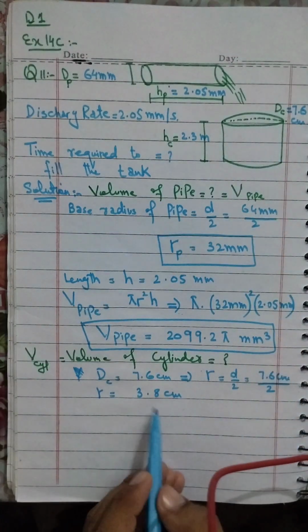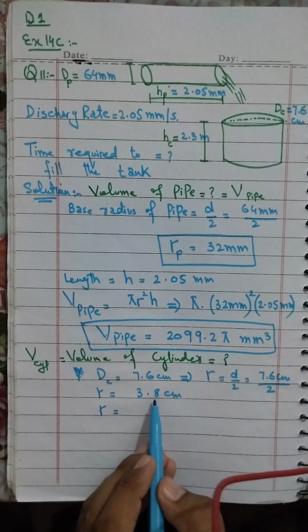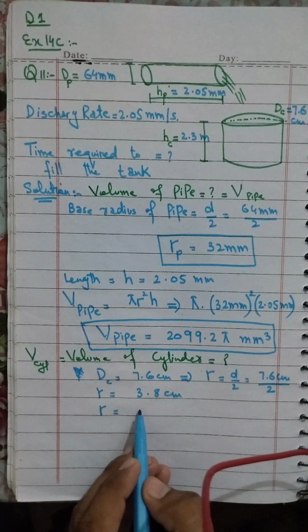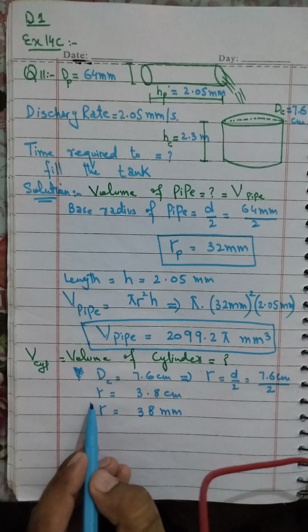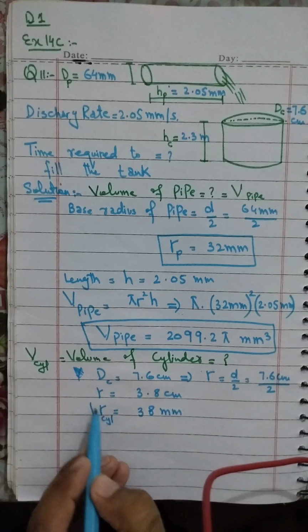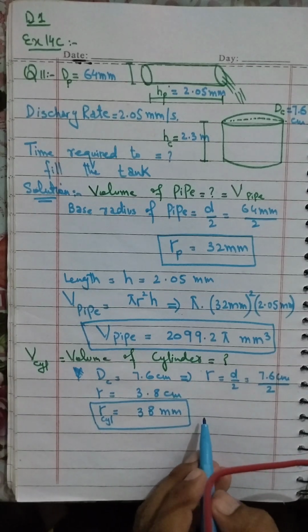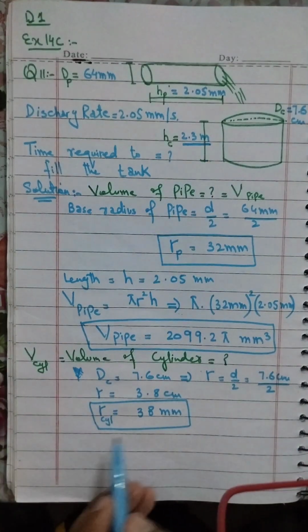But the thing is this, as it was in millimeter, so we have to convert this also into millimeters. Got it? How do we do this? Just multiply by 10. We get it in millimeters. It becomes 38 mm. This is the radius of cylinder. Okay, and when we talk about its height, it was given to us in meters.